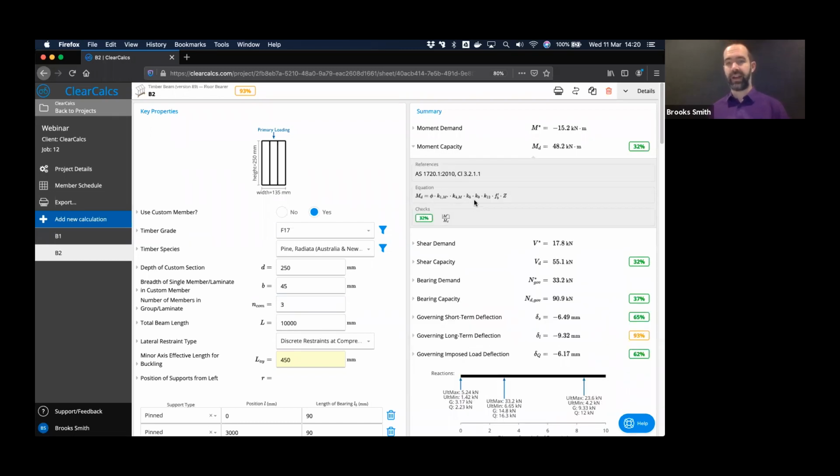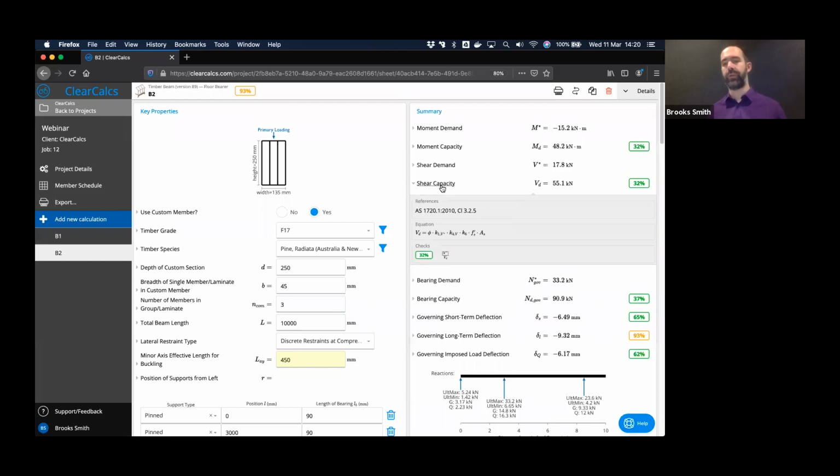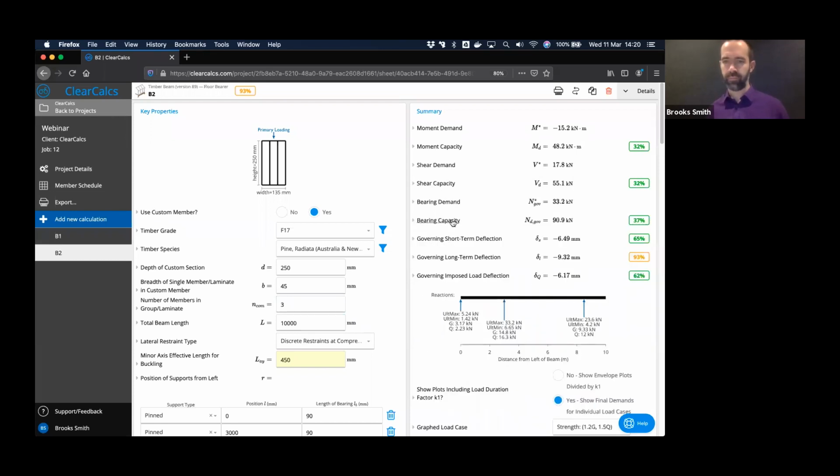And you can see that we are showing those full formulas here. So for example, moment capacity, you can see that this is M sub D equal to all of our modification factors and the characteristic property and that Z section modulus. And you can expand out anything here to show what those values are.